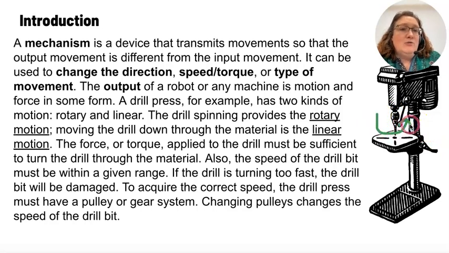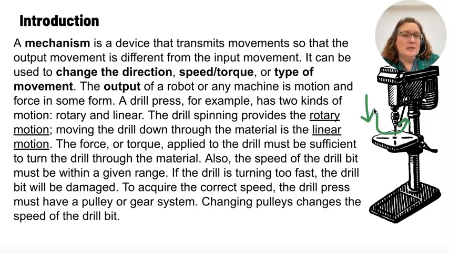It's spinning the drill bit around, and it's also lowering that drill bit directly downwards through the material that it's going through. So you've got rotary motion on the spin and linear motion for the downward press of the drill press through the material.